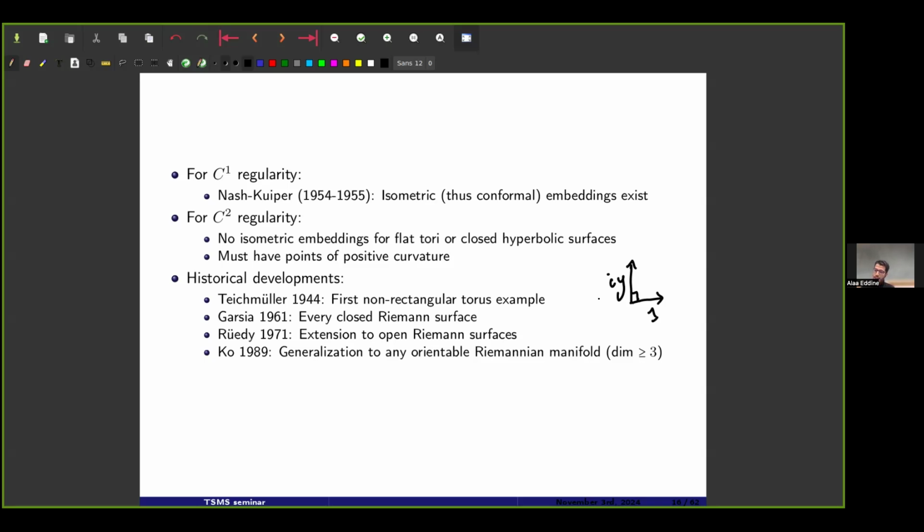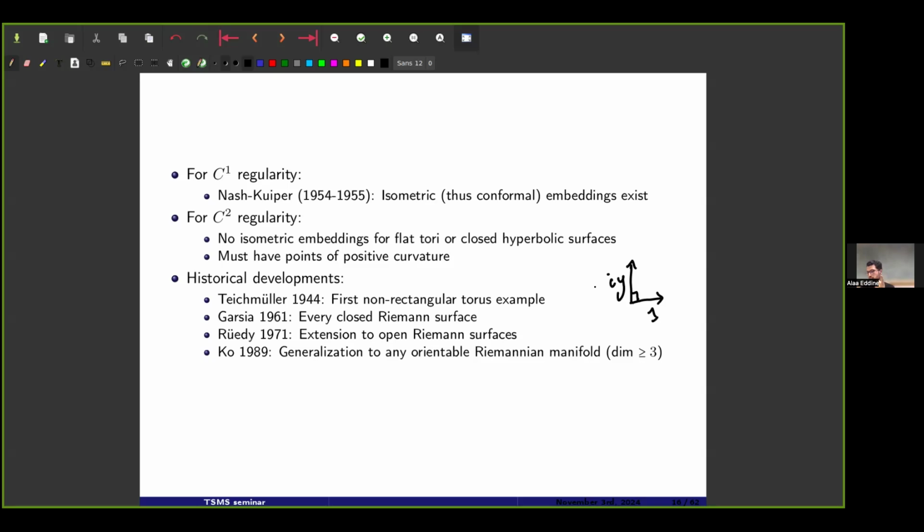And I must say that the tori of revolution are all rectangular. Even if you take not a circle but any closed curve, and you take the torus of revolution that comes from this curve, it will always be rectangular.